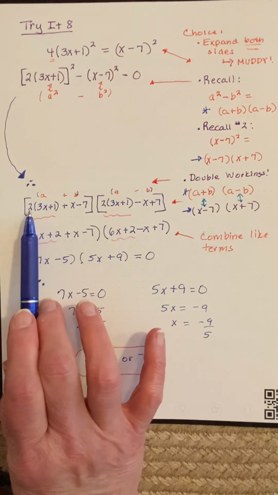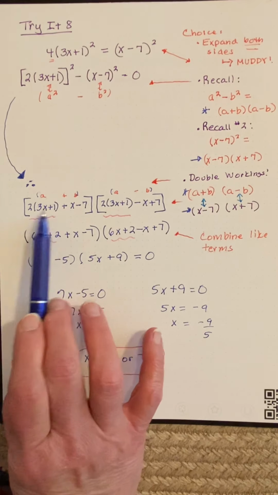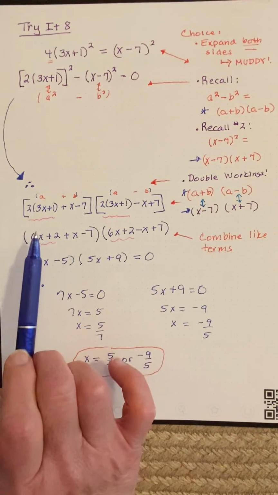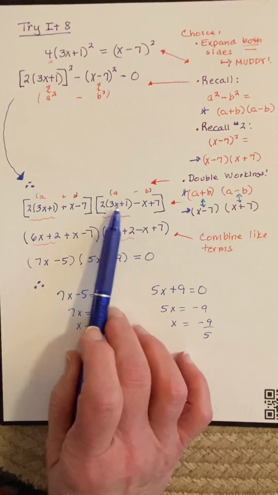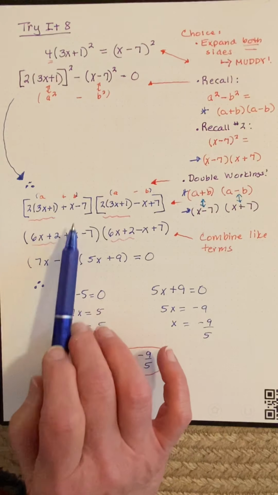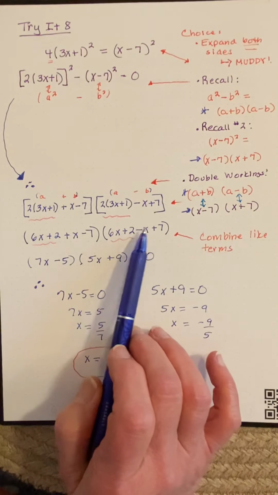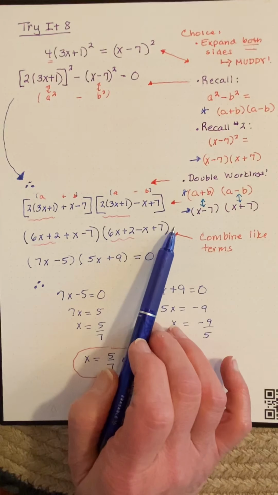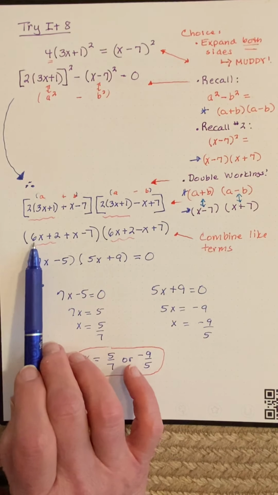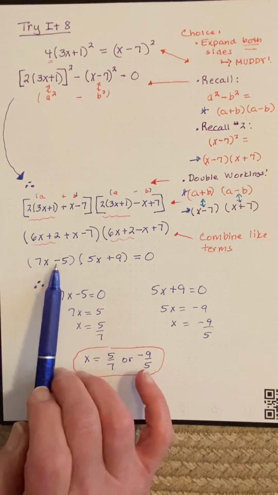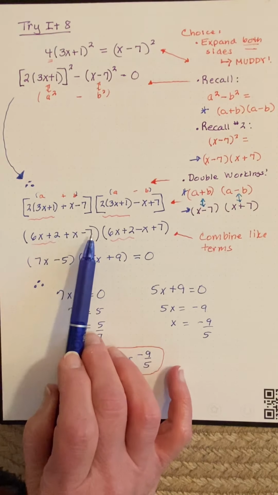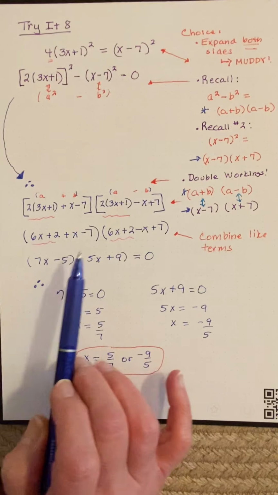So first, I'm going to distribute the 2 to my a problem. So that would be 6x plus 2. Same in both sides, 6x plus 2, plus 7 minus 7, minus x plus 7 on this side. Now I simply combine like terms, so 6x plus x is 7x, positive 2, negative 7 is negative 5.